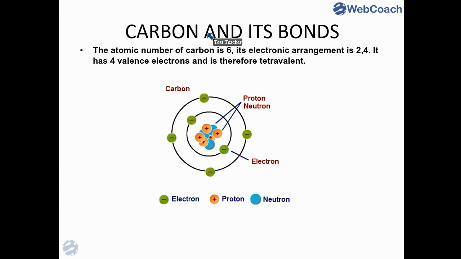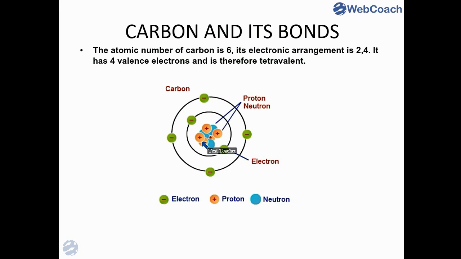Now, these electrons are arranged in different levels, also called electronic shells. If you see here, carbon has 2 shells, one inner shell and another outer. So it's a relatively small atom.